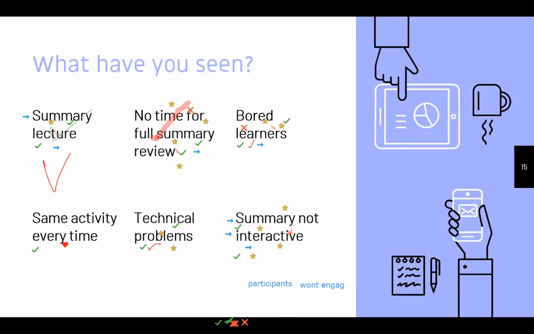Does anyone have any strategies if you have participants that won't engage? Change up the scene. That's a good one. Wait long enough, eventually someone will, because they want to move on too.